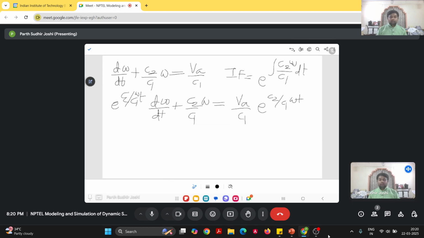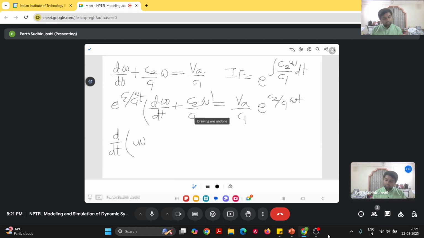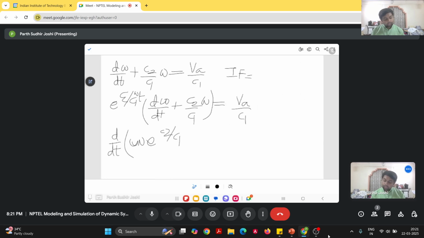So the left hand side is basically the derivative of omega into e to the power c2 by c1 omega t.